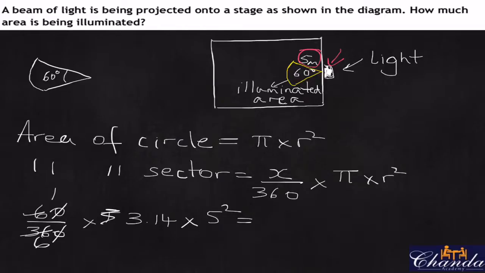Now we have 1 over 6 times 3.14 times 25. Putting these all into the calculator, we get a value of 13.08 meters squared. So therefore, 13.08 meters squared of area is being illuminated.